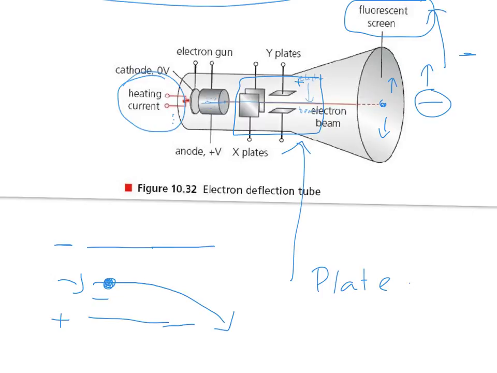If this negative charge feels a force down, what field of physics are we talking about? We're talking about a particle moving and experiencing a force at 90 degrees to it. Can you think of what it is? It's circular motion, isn't it? So bear that in mind, because they do sneak that in as well.